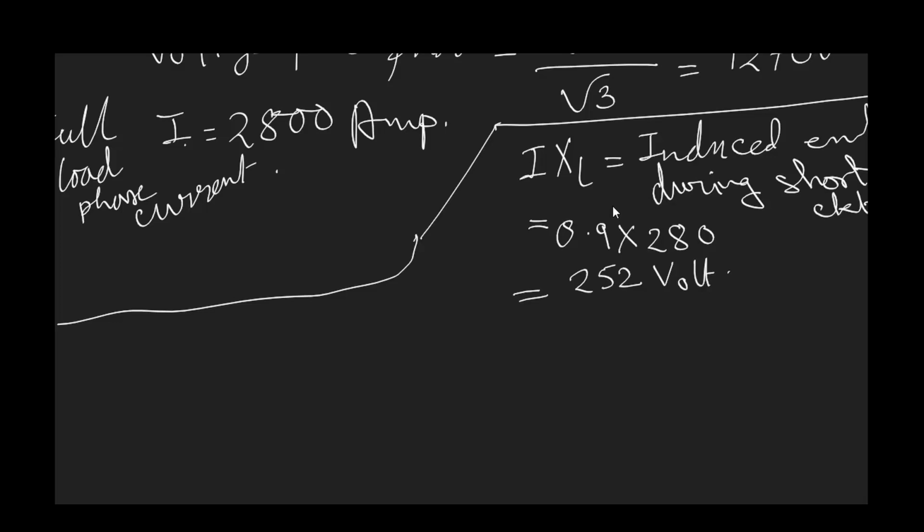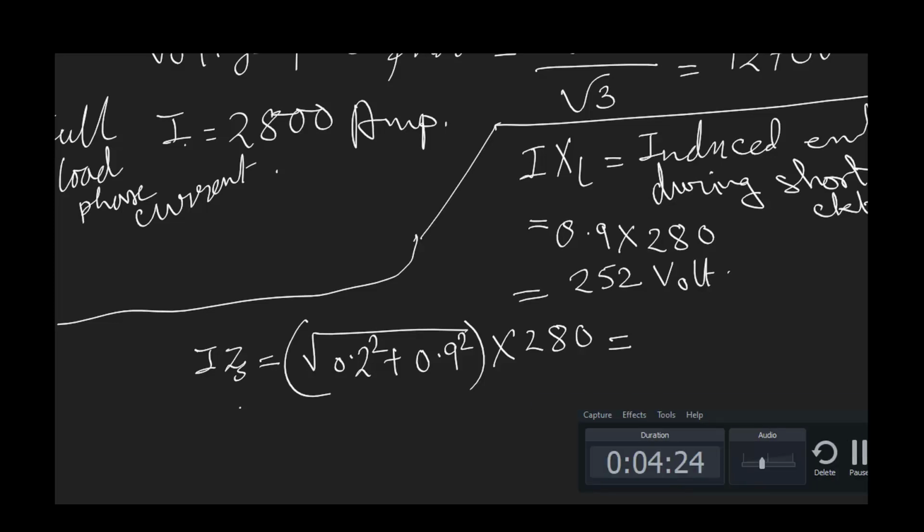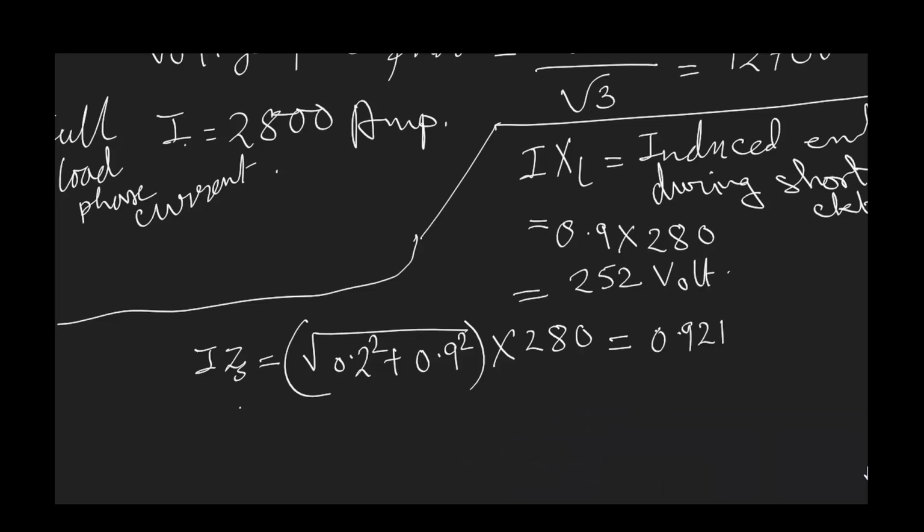If we consider this ZS, then it would be 0.9219, say 0.922 into 280 volt, right?